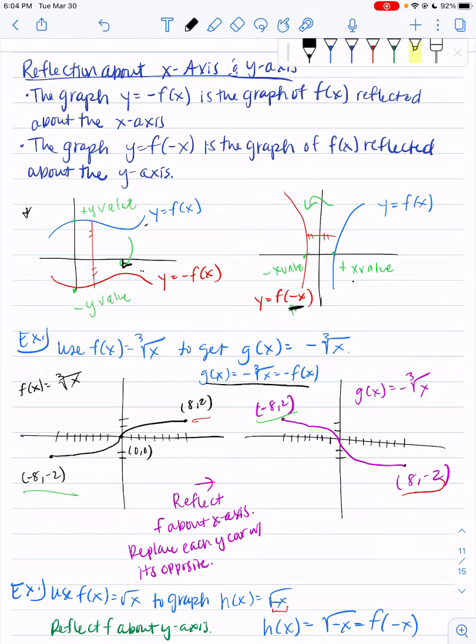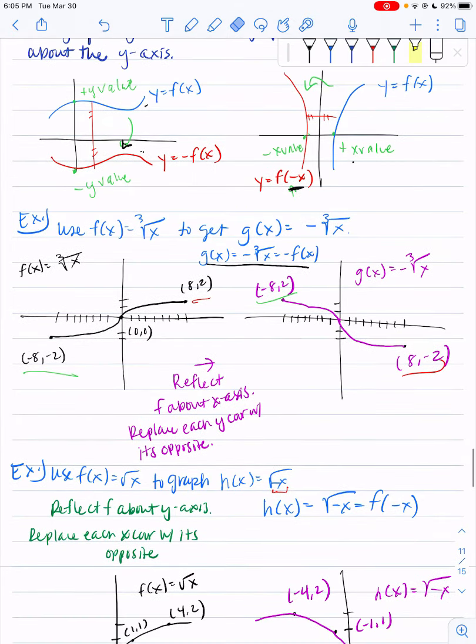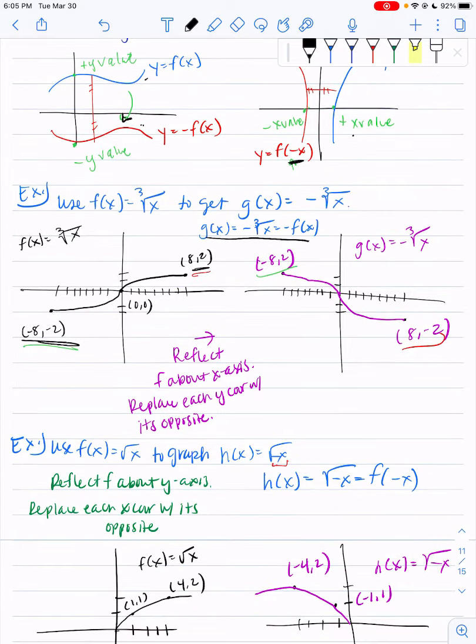So here in this example, I have negative 8, 2. I'm negating this value here. Then negate 0, 0, just 0, 0 again. Negate this one, and then I have 8, negative 2.